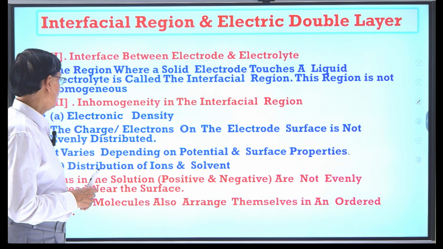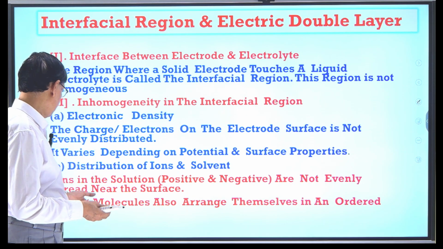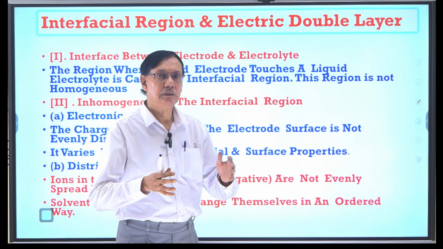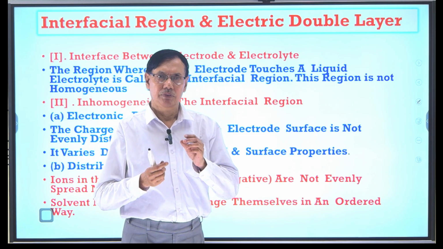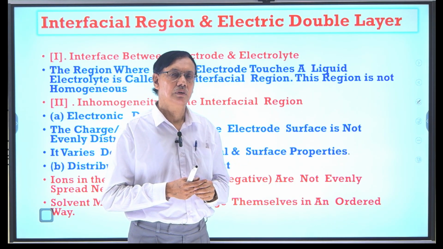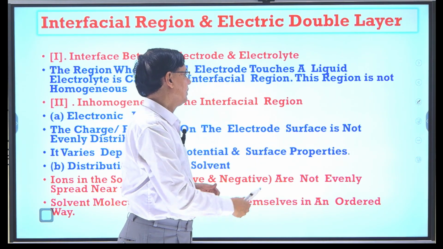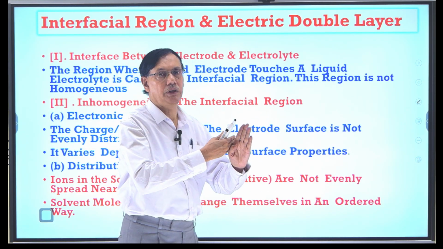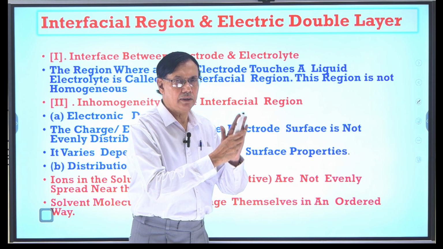Ions in the solution, positive or negative, are not evenly spread near the surface. And solvent molecules also arrange themselves. इसलिए इसको solvation of ions बोलते हैं. Because sometimes what happens, when suppose I am talking about the positive electrode and there are some ions adsorbed on the surface of the electrode, which is very near to that electrode.